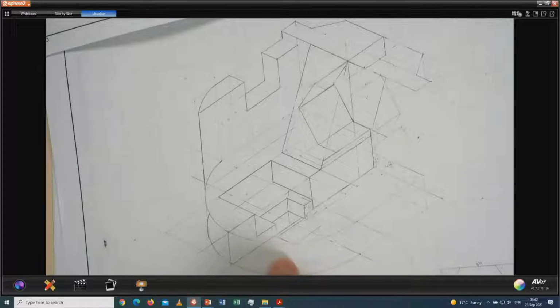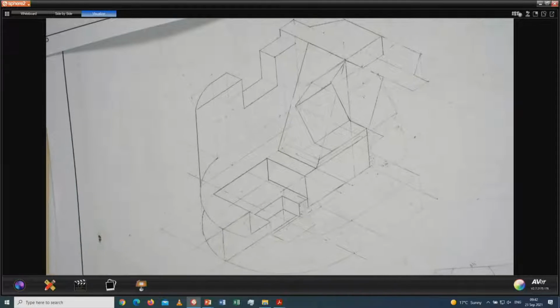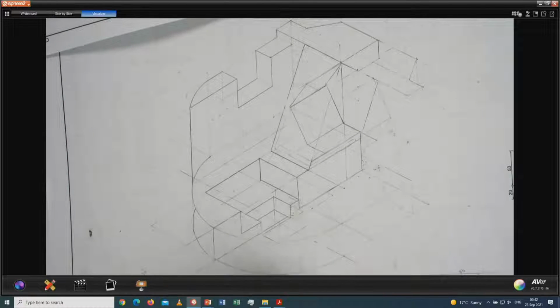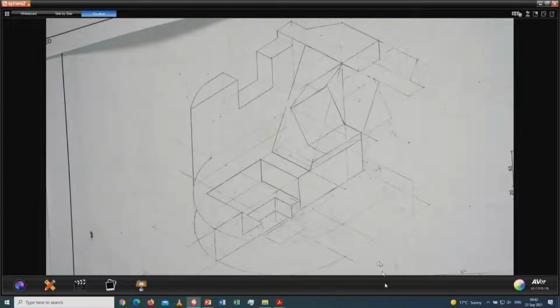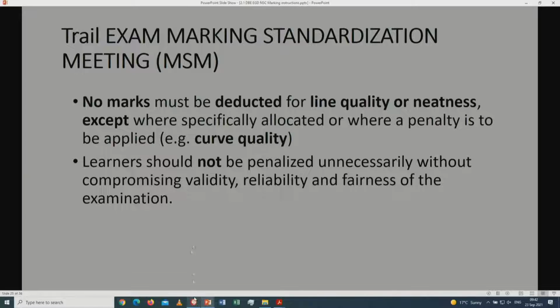You can't penalize him for that. The learner penalized himself already in terms of the fact that he went and wasted some time on extra content, right? So extra work that he has done over there. So the long and short is basically you can't penalize him for extra areas that have been done by the learner itself. So that is what I'd like to point out to you in terms of that.